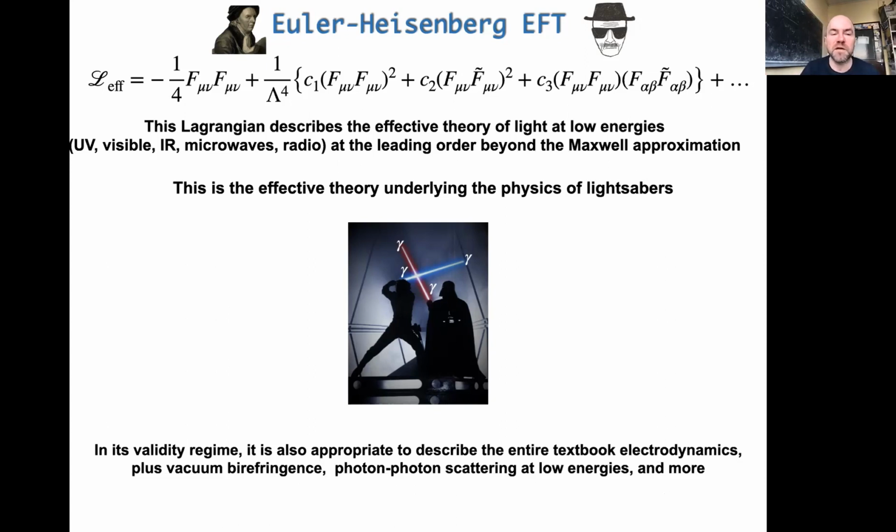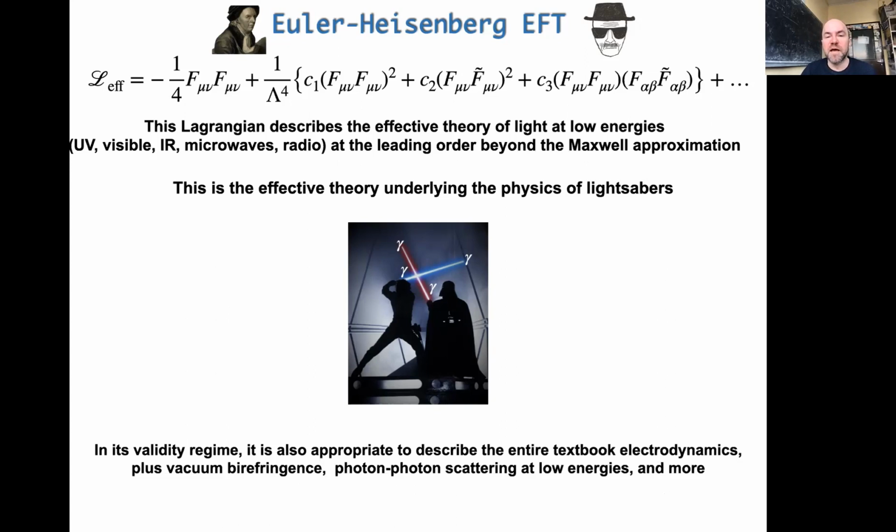So the textbook electrodynamics and the propagation of the electromagnetic fields is contained in this first term, F mu nu, F mu nu. On the other hand, the interaction terms describe new effects that are beyond what you usually learn at school about electrodynamics, because they describe nonlinear effects.